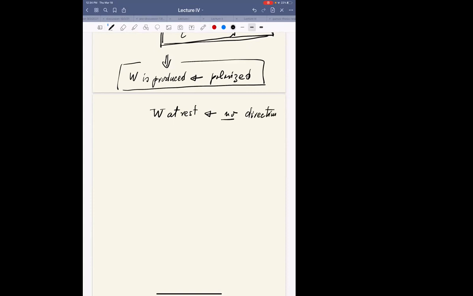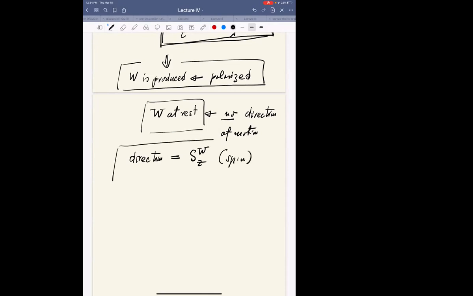To simplify your life, we'll take W at rest when we look at the decays. We can always boost it to understand, but calculation in a boosted frame is hard. So we'll do W at rest. And the direction is provided. This is the W Z component, the spin. And it gets produced with a well-defined polarization.